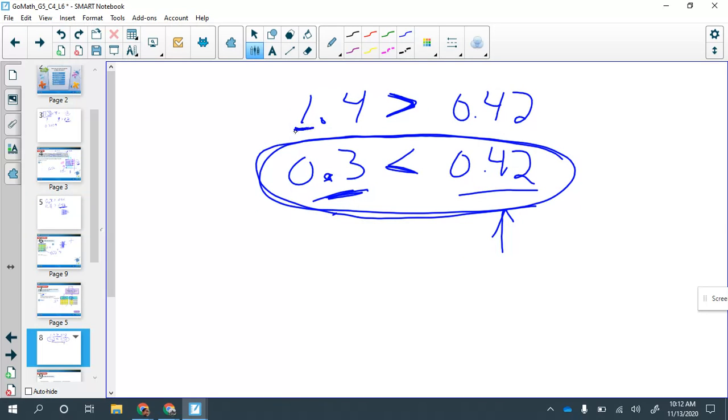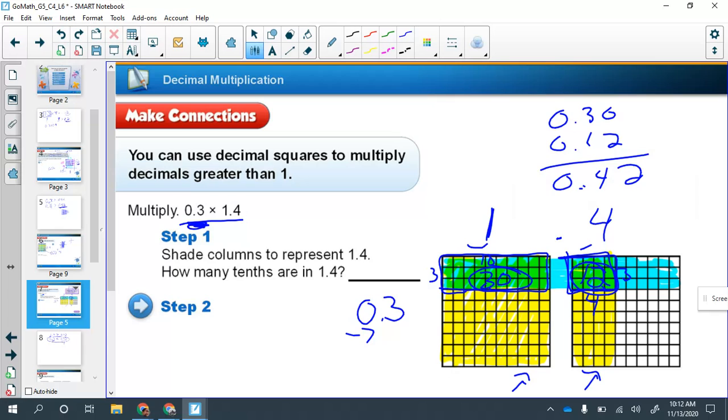And it has to do with the fact that my other factor is greater than the number 1, right? Because when I multiplied this first part of my model, when I multiplied these 3/10 times 1, I got 30 units, right? I got that number right there, and that is 3/10. Remember, this factor is already 3/10. So 3/10 times 1 gives me an answer equal to 3/10.